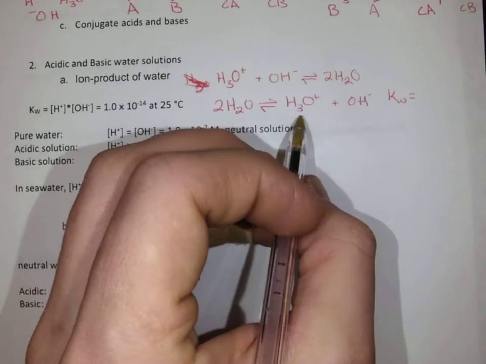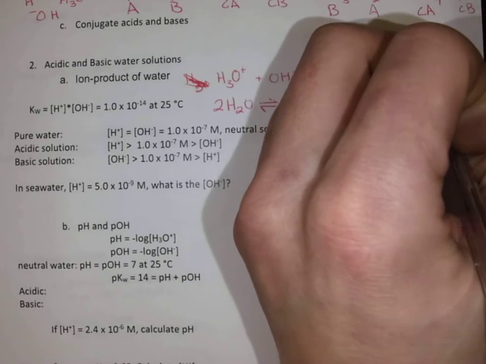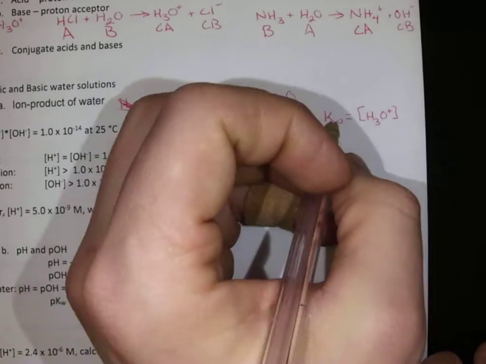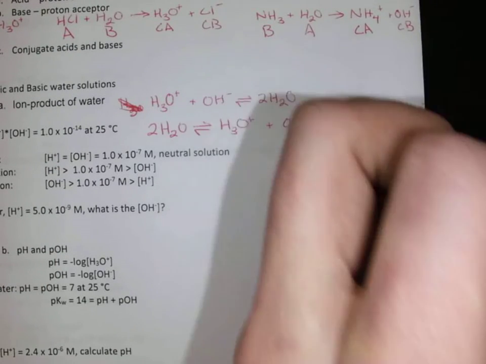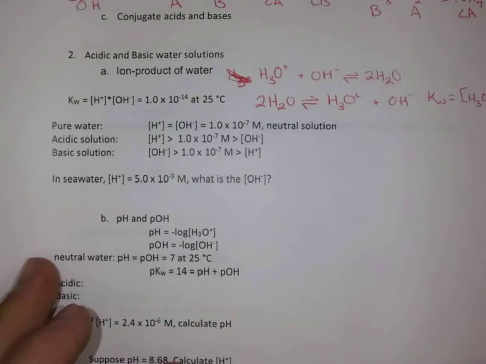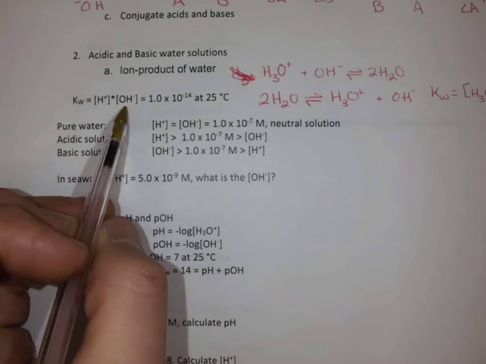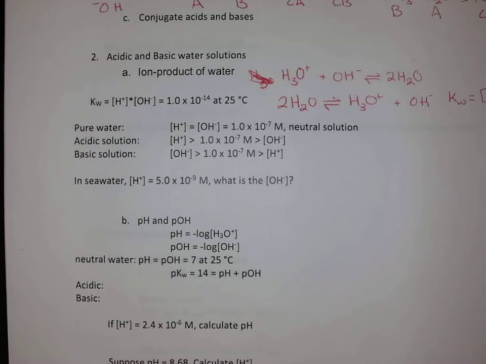Reactants aren't going to be in there, so it's just going to be the products here. So the concentration of H3O plus times the concentration of OH minus. So Kw is the equilibrium expression for water.